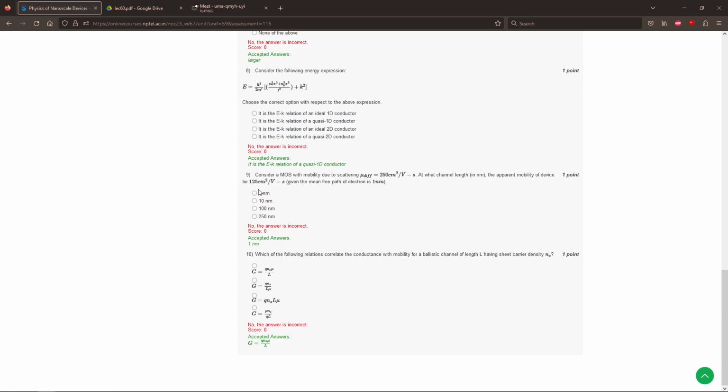At a channel length of 1 nanometer, we will have a transmission coefficient of half, and using that we can calculate that the ballistic mobility will also come out to be 250 centimeter square per volt second. So 1 upon 250 plus 1 upon 250 will give me 2 upon 250, which is 125 centimeter square per volt second. So that is how this question is solved.